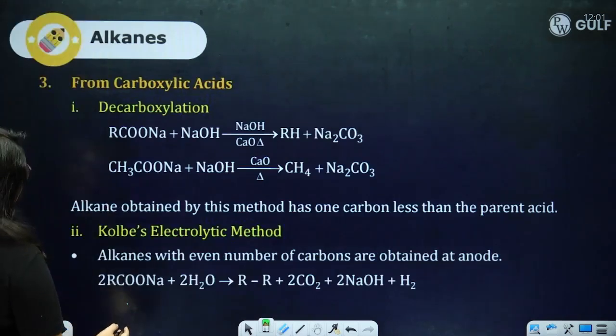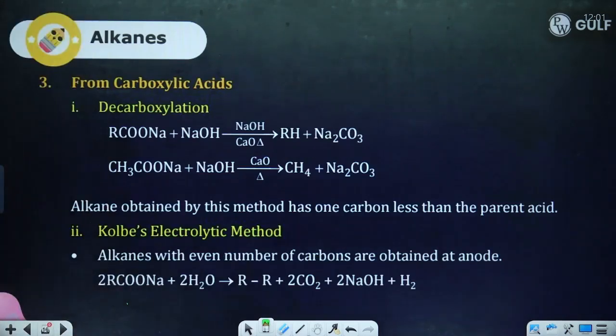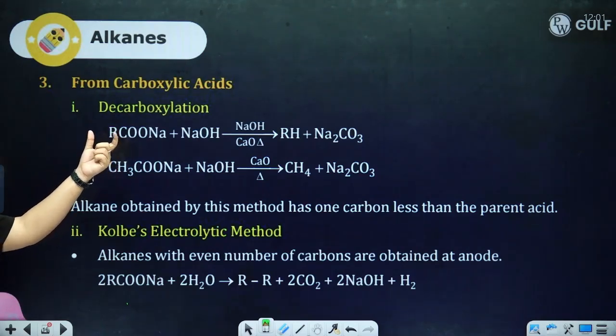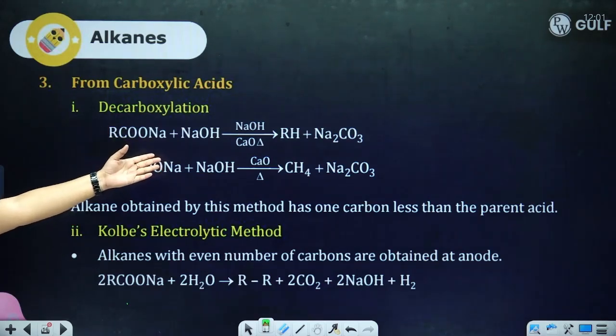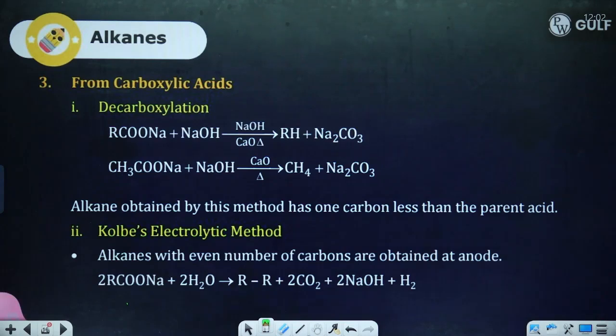Let's now try to understand decarboxylation. You see over here for decarboxylation, what is taken? Sodium salt of a carboxylic acid is taken along with NaOH to give rise to alkane.